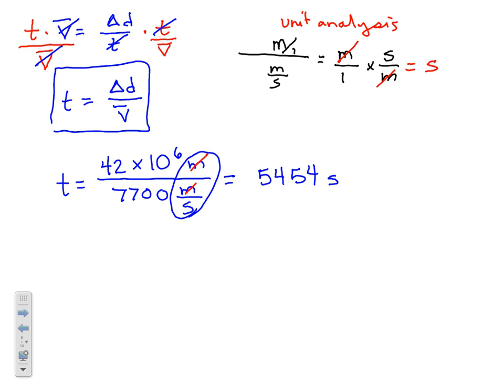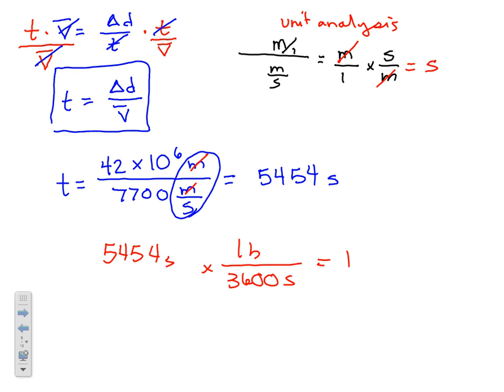Now, two things. They asked us for hours, and we have a lot of numbers. We probably only need 2 sig figs. So let's change our seconds to hours. We have 5,454 seconds times 1 hour over 3,600 seconds.